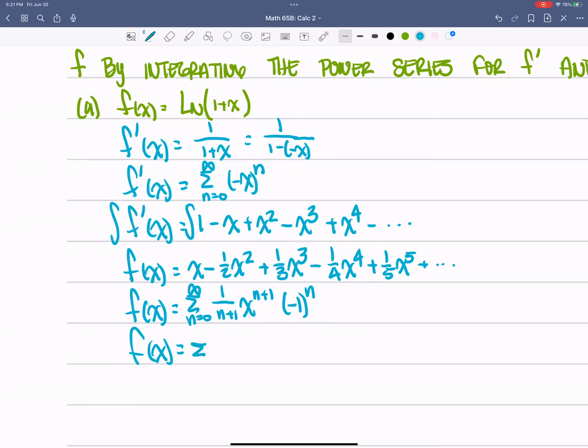So as n goes from 1 to infinity, let's do that. So we'll go 1 over n, x to the power n, and then we have negative 1, n plus 1.